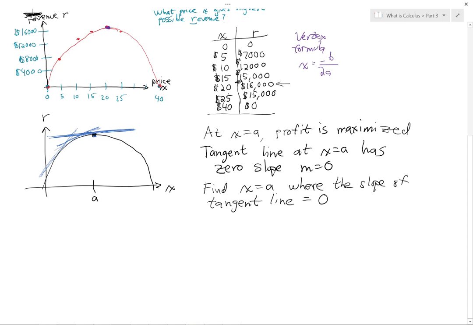So again, let's think about this. So we have the slope of that tangent line. If the slope is positive, then profit is increasing.